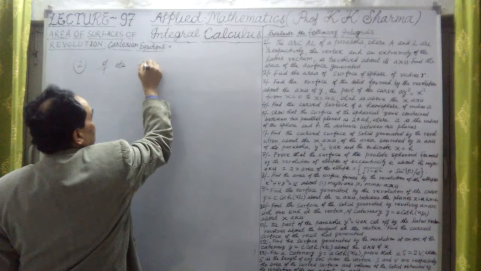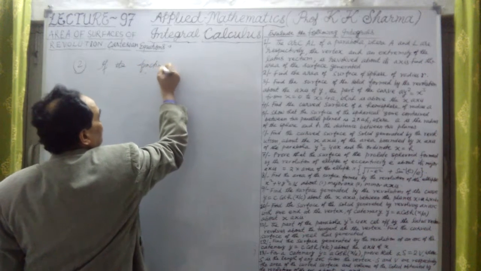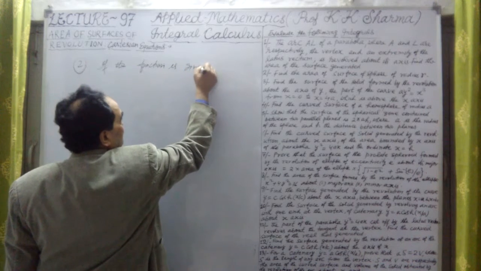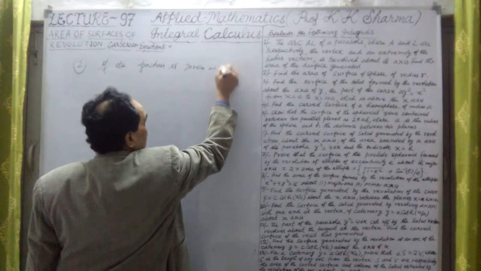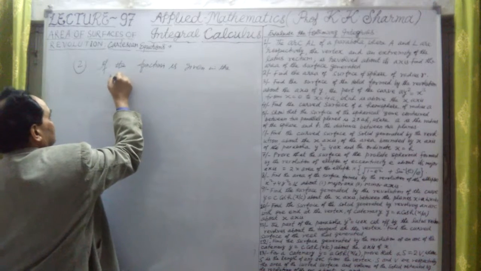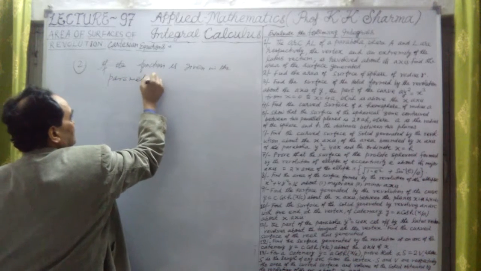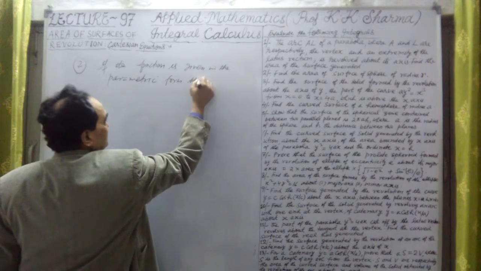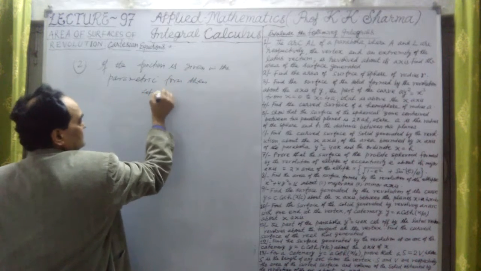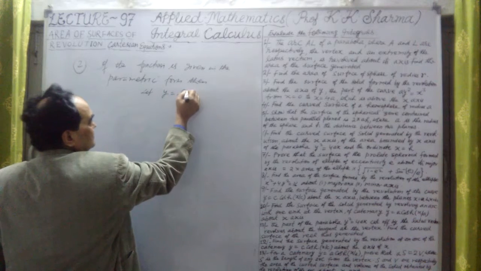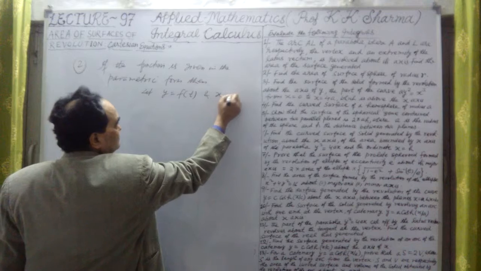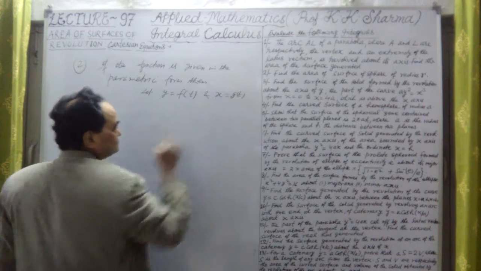If the function is given in the parametric form, then let y equal to f(t) and x equal to g(t).